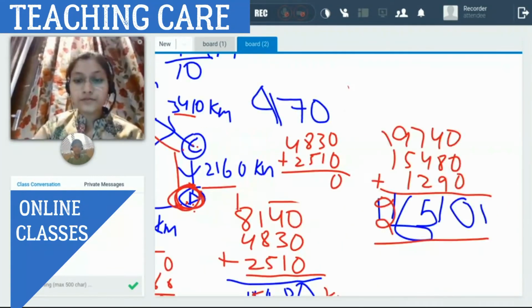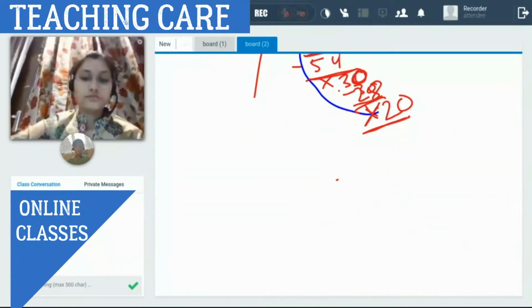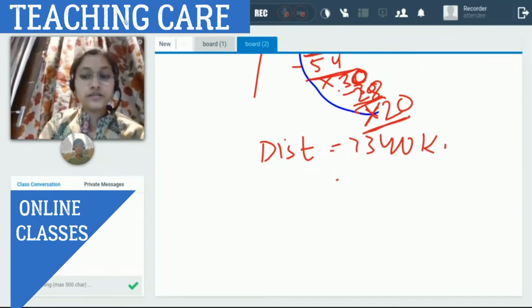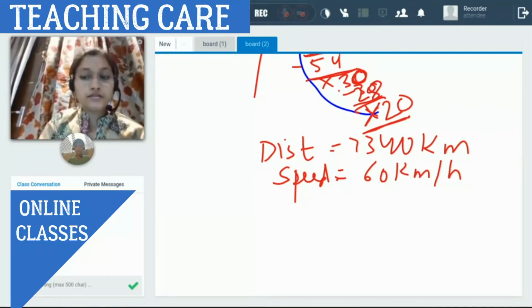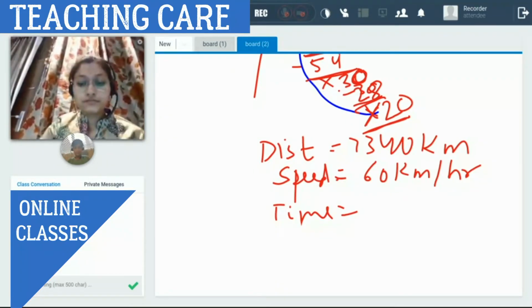So that will be 7340. Now I have my distance to be 7340 kilometer. Speed I already know, 60 kilometer per hour. So I can calculate the time.